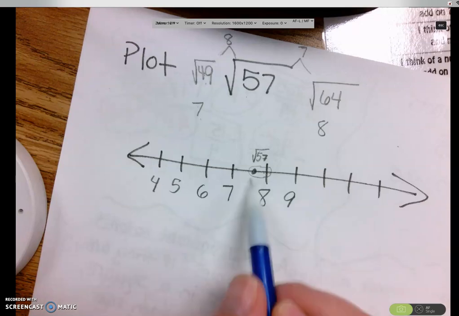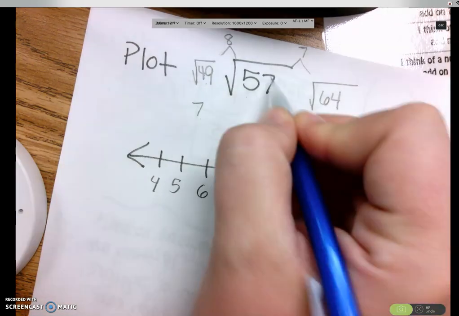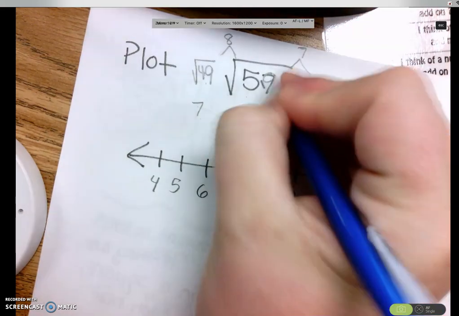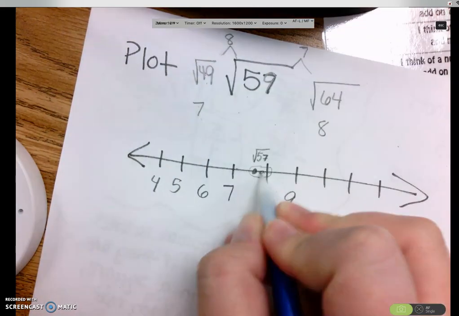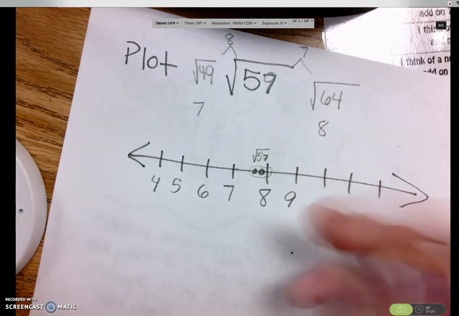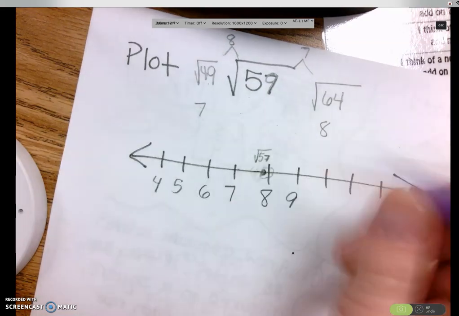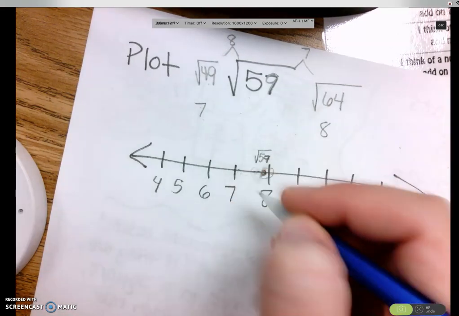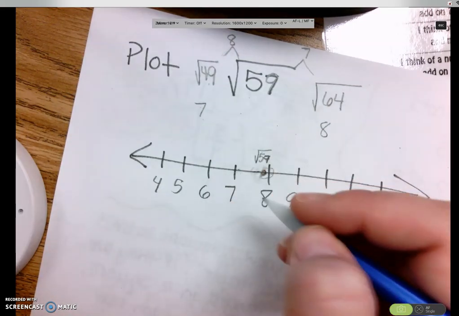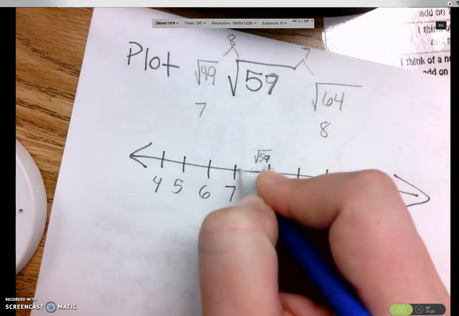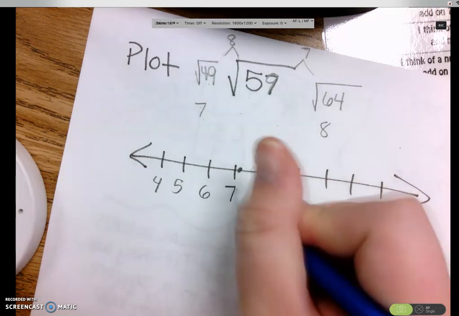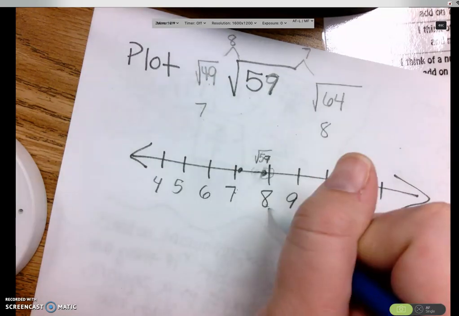Just like, okay, so let's say this was 59 or even 60. So we would actually put it like here. It's not going to be that. But if you put it, say, here, that would be a point off because it's not closer to 7. It should be closer to 8. Okay?